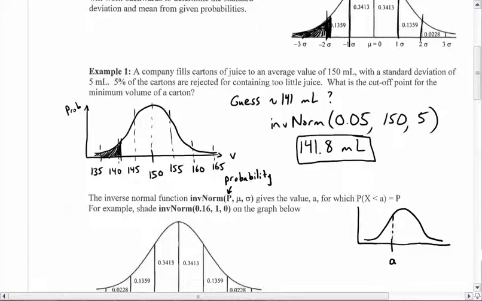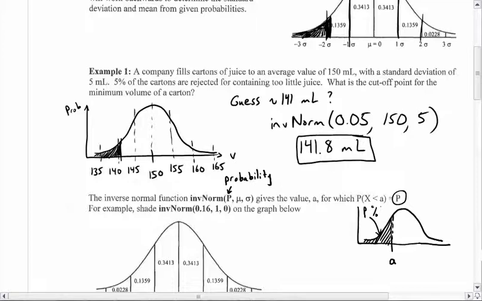A represents the fact that if you're adding up all the area from negative infinity up to A, then that total area is equal to P. So P is the percentage from negative infinity to A.